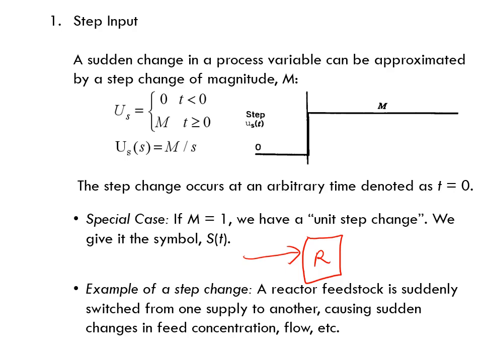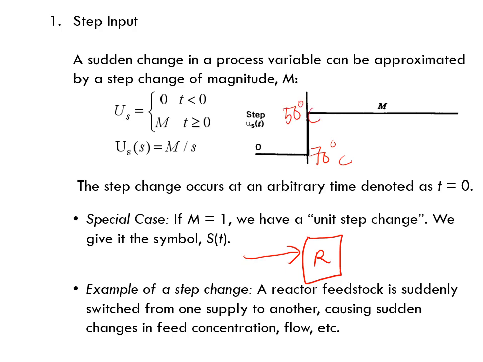The disruption causes sudden changes in feed concentration, flow, pressure, and temperature of the inlet stream to the reactor. Okay, we take the example of the temperature. For example, the first steady state temperature is at 70 degrees C. Then when there is a sudden change, for example, the temperature is reduced to 50 degrees C.